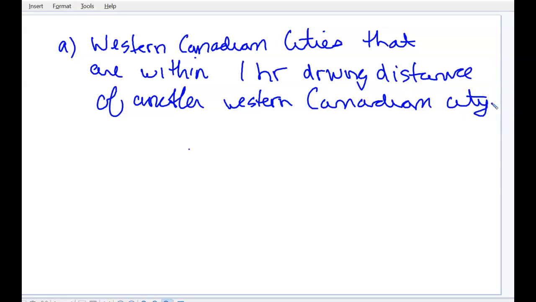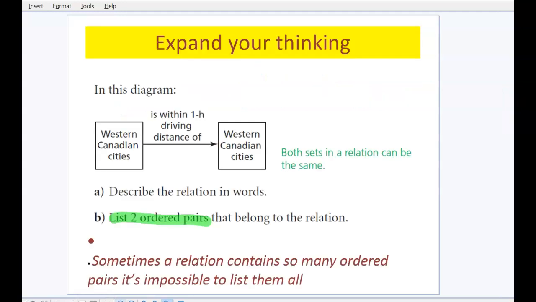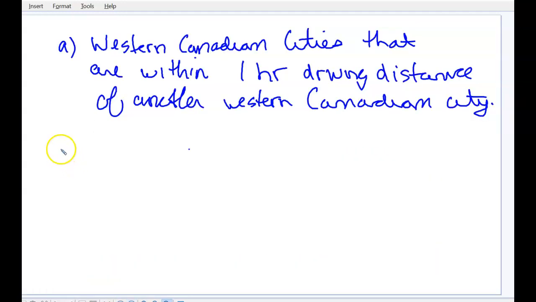I invite you to pause the video and see if you can come up with it. And in part B, they want us to list 2 ordered pairs that belong to this relation.